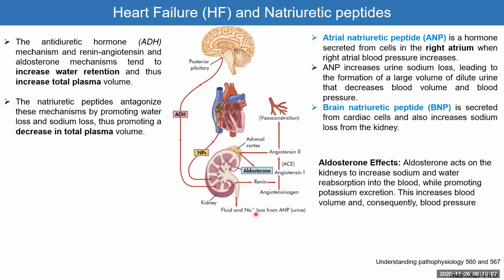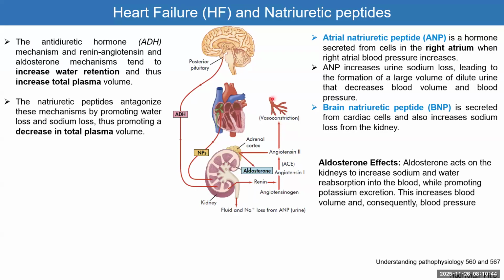Okay, but if we have this system in place, we are just trying to raise blood pressure, right? We should have a system in place to counteract that. And that's what we have through the natriuretic peptides. So whenever there is a hormonal effect that causes an induction in the aldosterone and the renin-angiotensin system that causes vasoconstriction, this is increasing the blood pressure.